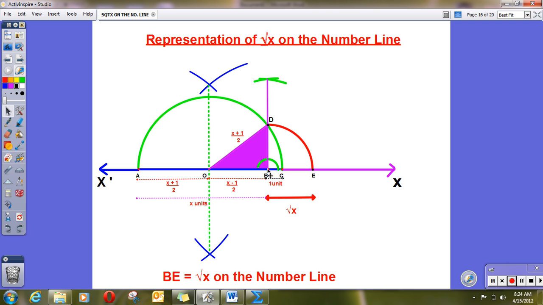When we do the calculation, we find that BD is equal to square root of x. If BD is square root of x, taking B as center and BD as radius, with the help of a compass, we draw an arc and get a point E on the line AC extended. Here BE represents root x on the number line.